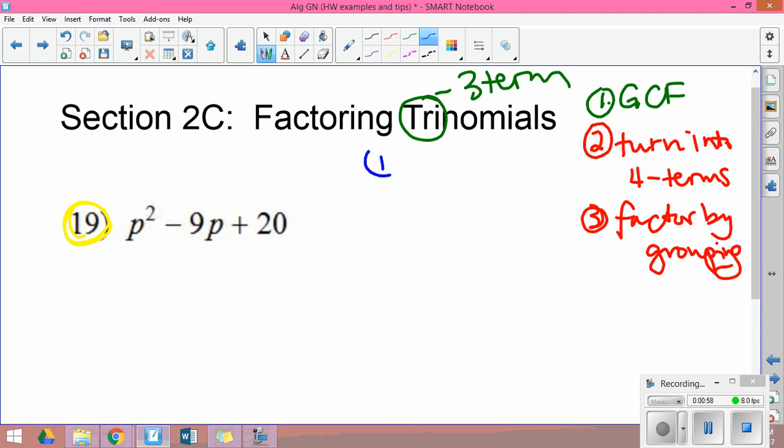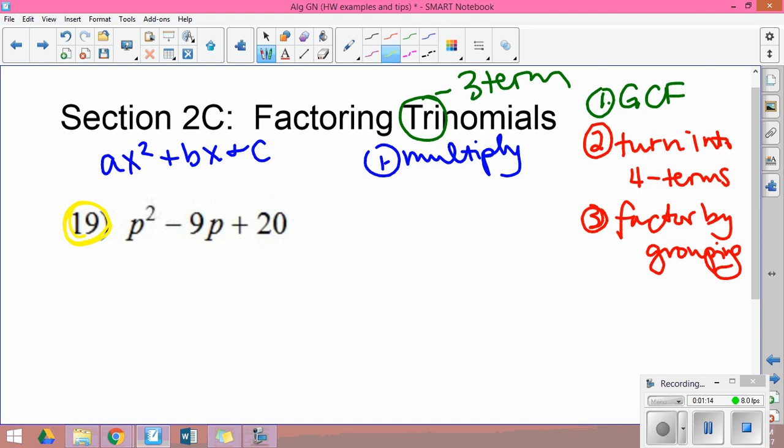Step 1, multiply the coefficients. So when we look at these squared things, we really are seeing ax squared plus bx plus c. So we're going to take a and c and multiply them. Don't take the variables. Okay, we're just looking at the coefficients.